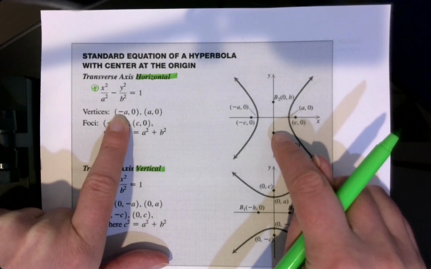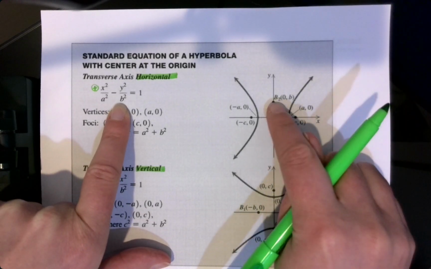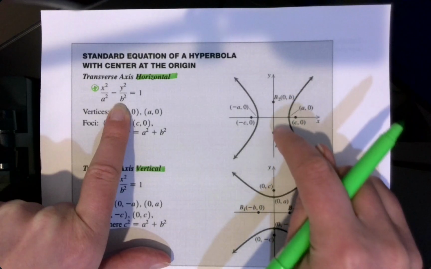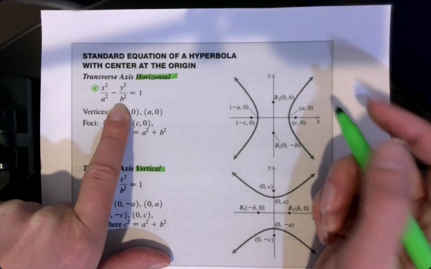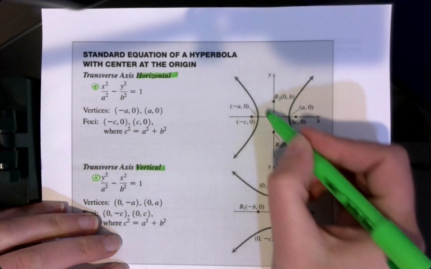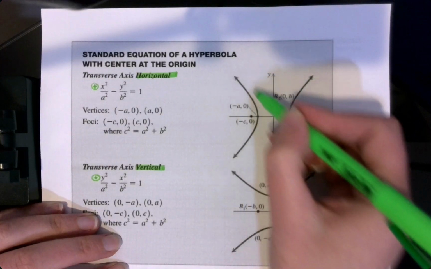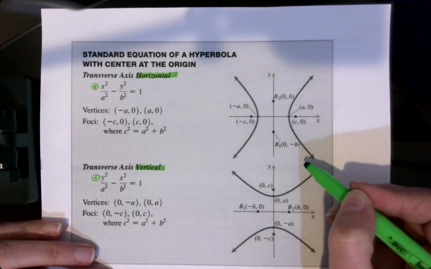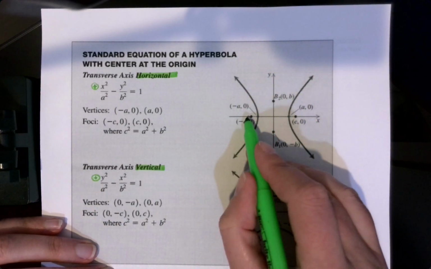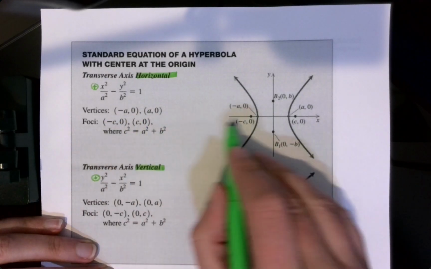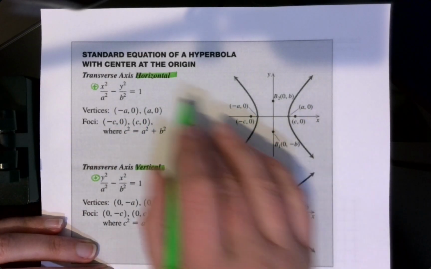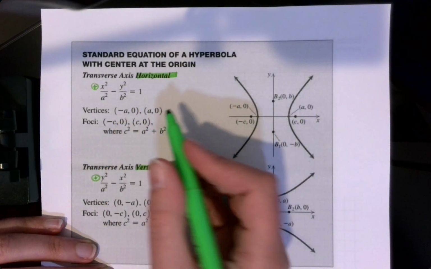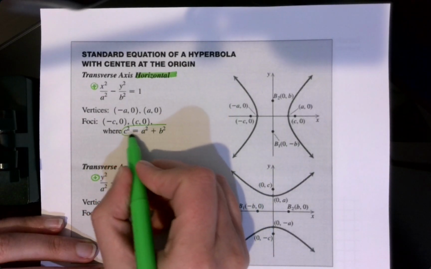And we will have our distance under y, these b points up here, to show us where that conjugate axis is. And we'd be able to draw in our asymptotes based on the corners of those boxes. Then the foci are at c, again in the x direction here for horizontal, where c squared is equal to a squared plus b squared.